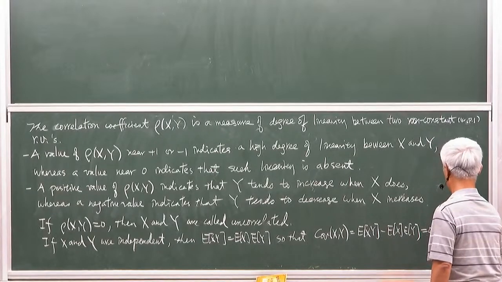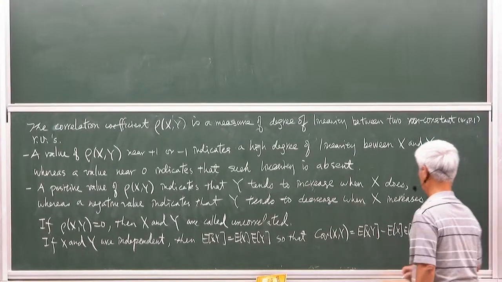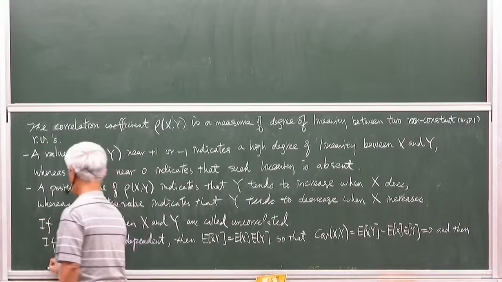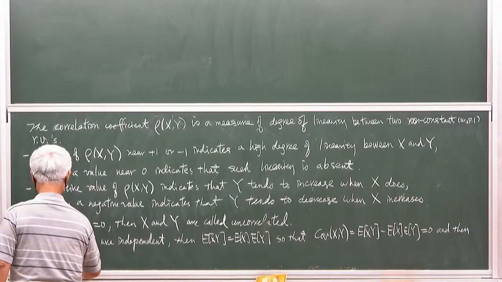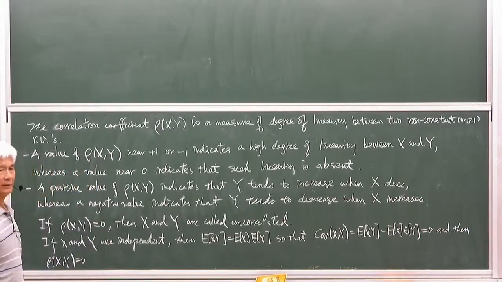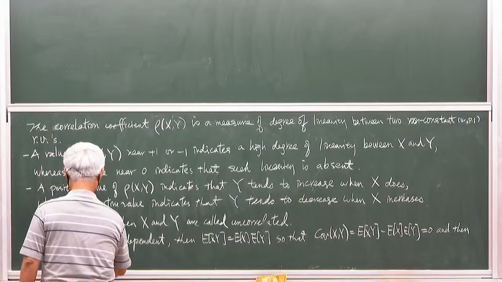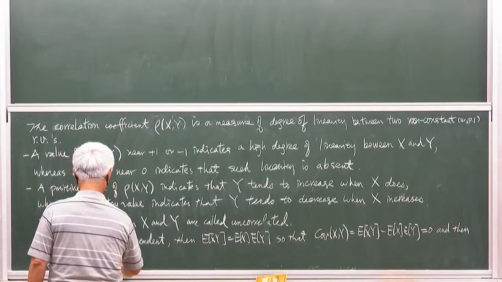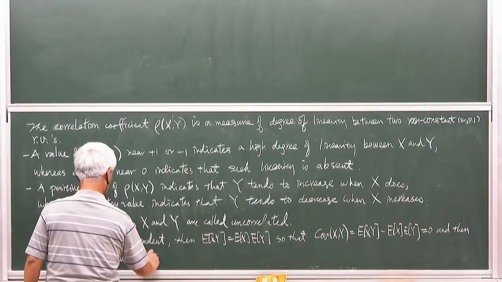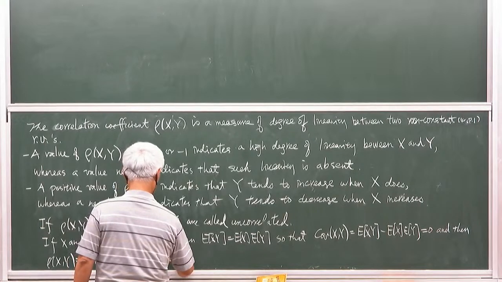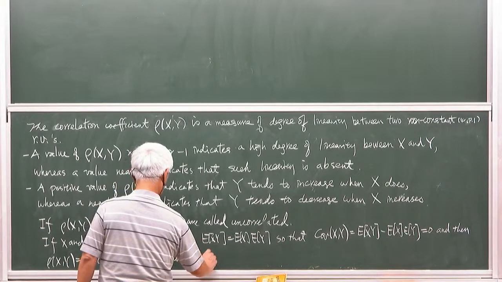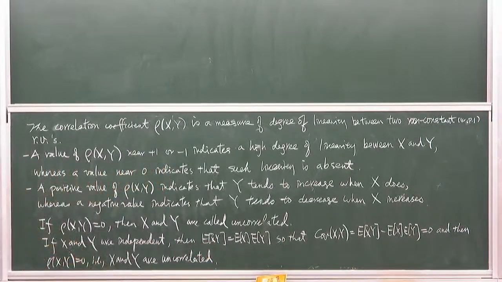And then the correlation coefficient between them is 0, i.e. x and y are uncorrelated. So independence between two random variables implies that these two random variables are uncorrelated.